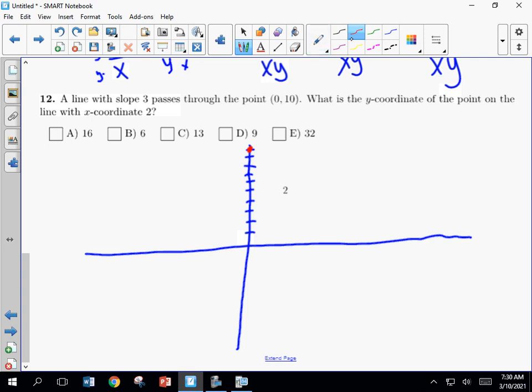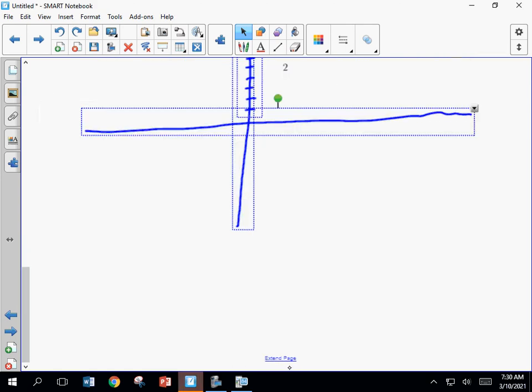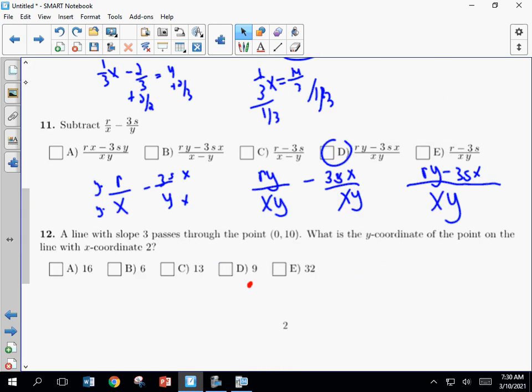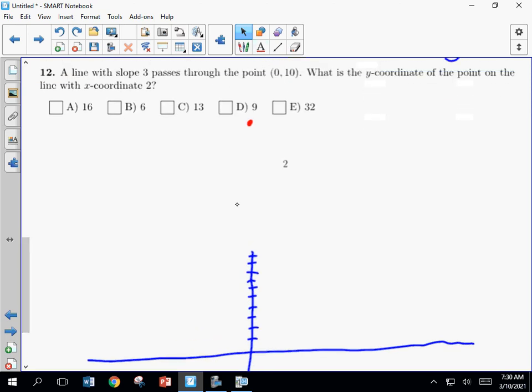Now, it says it has a slope of 3. I should have made this bigger in the first place, but it's all right.